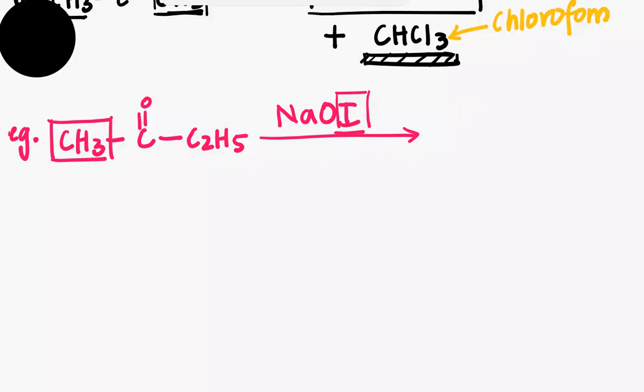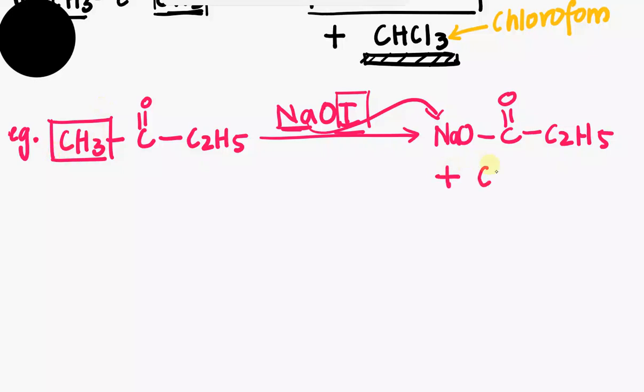What happens here is, again, a carboxylate salt is going to form, which is ONa. Na goes here, and the CH3, which has been dissociated, forms CHI3. This is iodoform.